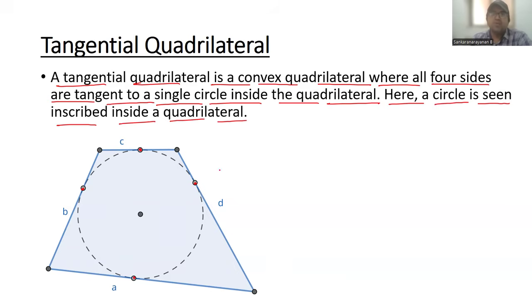Now we can see that the four sides of this quadrilateral are A, B, C, and D, like what you can see, right? As far as this tangential quadrilateral is concerned, A plus C will be equal to B plus D. Okay, so this is another interesting result.